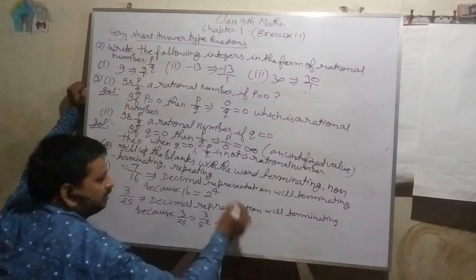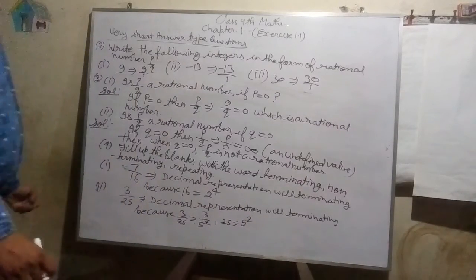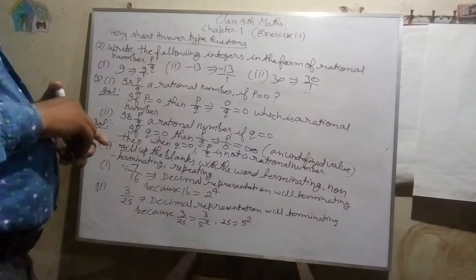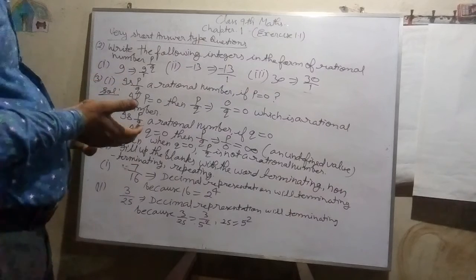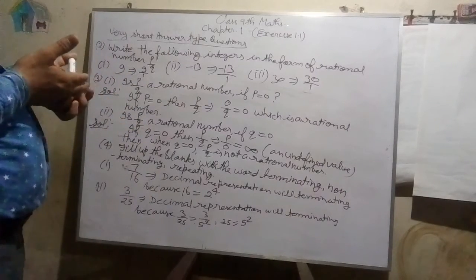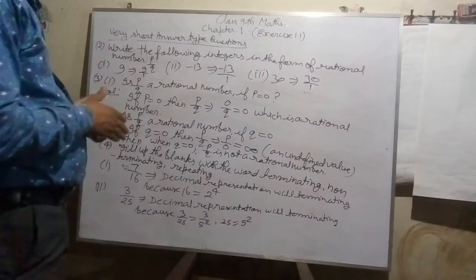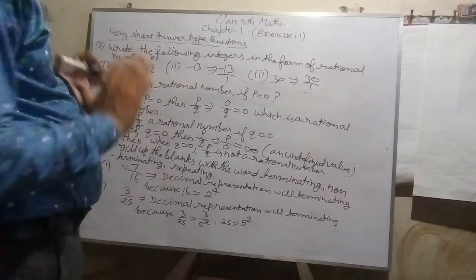It means 2 raised to the power m or 5 raised to the power n. When the denominator is a power of 2 or a power of 5 or both, 2 raised to the power m into 5 raised to the power n, then the decimal representation of such a rational number will be a terminating decimal.